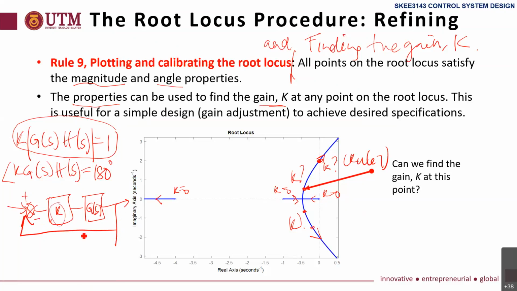If we know K, then we can know the behavior of the system, whether the system is stable, whether it is on the j omega axis, whether it is underdamped, overdamped, and so on. All depend on the value of K. And K can be used for a simple design called gain adjustment, which is adjusting the value of K to achieve a certain desired specification.